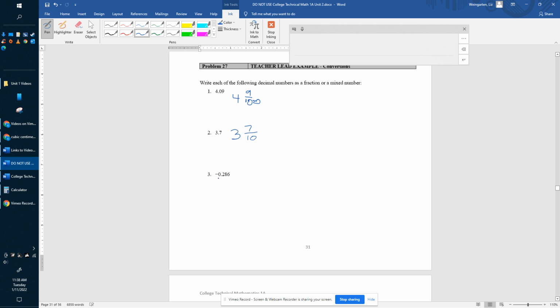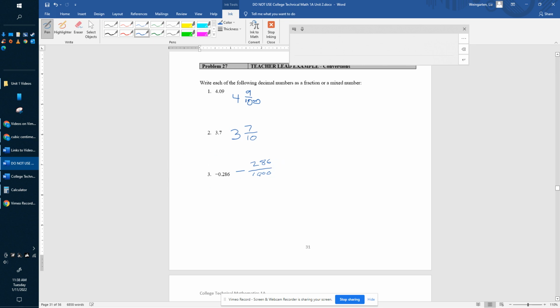Now we have negative 0.286. Our number is going to be negative, so we can start there. 286. What place is this last place? We have tenths, hundredths, thousandths. It's the thousandths place. We're going to put our number over 1,000. 286. So let's start trying to figure out how to reduce these.